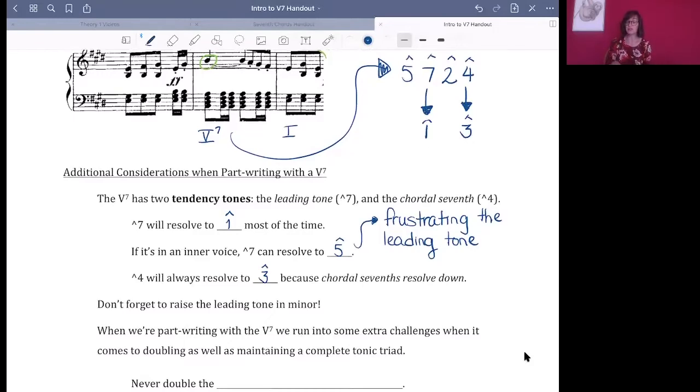And that diminished 5th really wants to keep falling in to there. So that adds to the strength of that 5/7, because 7 wants to go to 1, 4 wants to go to 3, and everyone just wants to go there. Our 5/7 is so important in tonal music because it has such a strong pull to bring us to its resolution on 1.